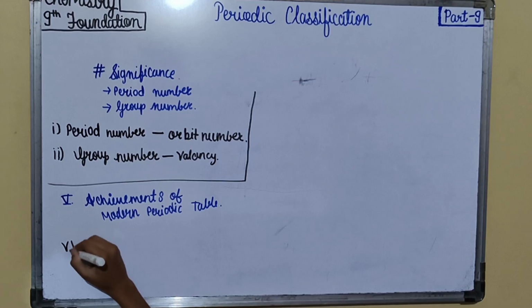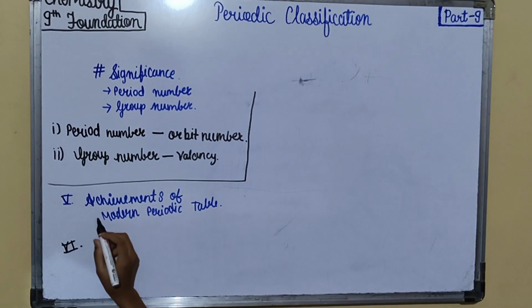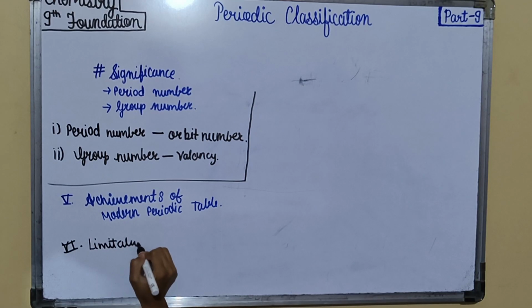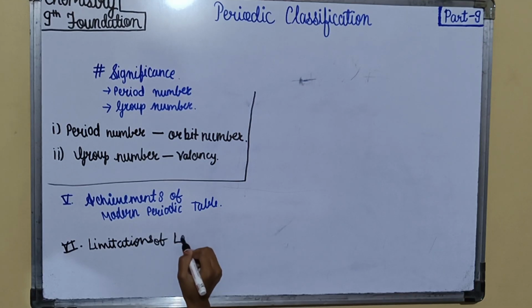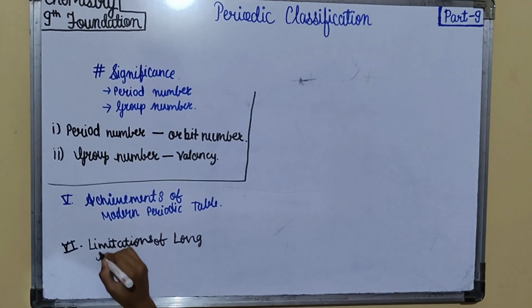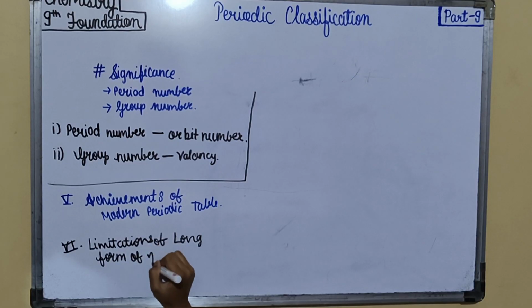Sixth point is limitations of long form of periodic table.